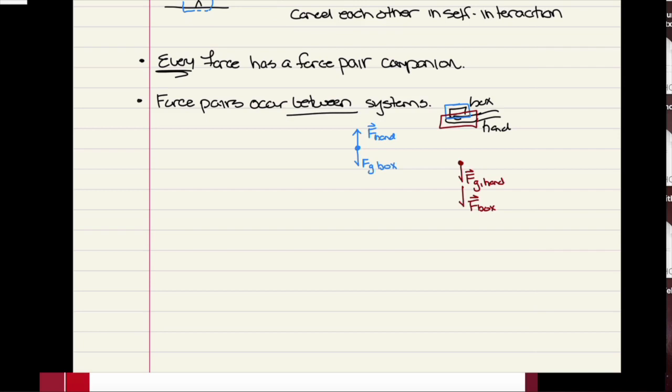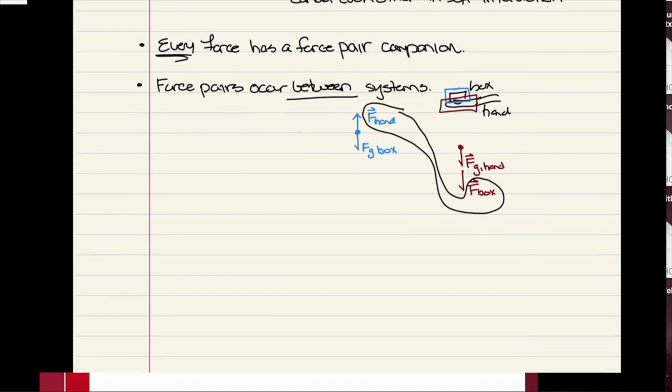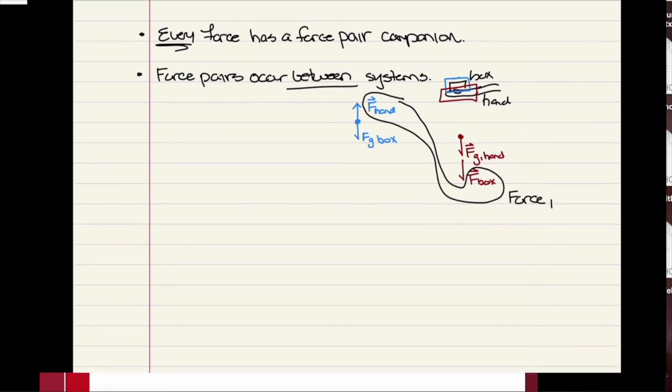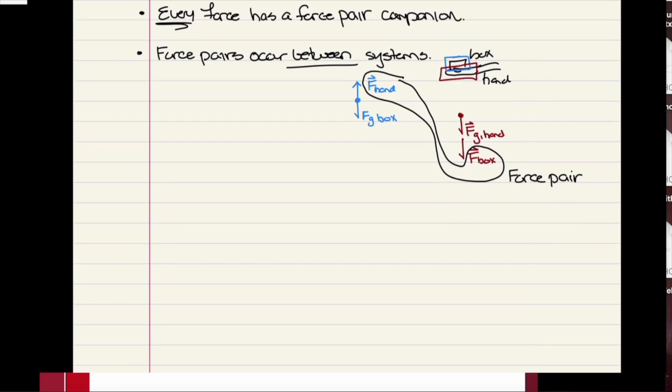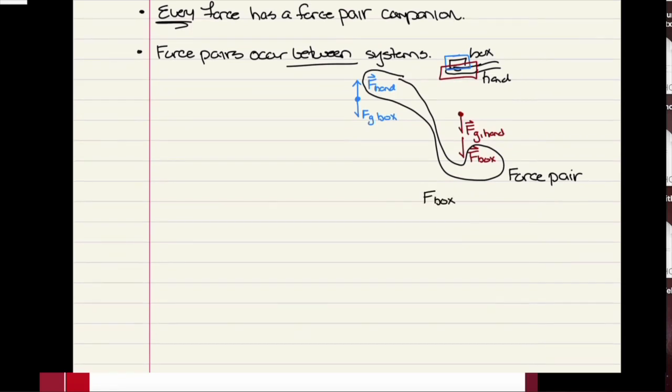And Newton's third law allows us to identify that this force and this force are a force pair. I act on the box, the box acts on me. I punch the wall, the wall punches me. That would be an example of a force pair. I could write down that F box, it must therefore be true, is negative F hand.